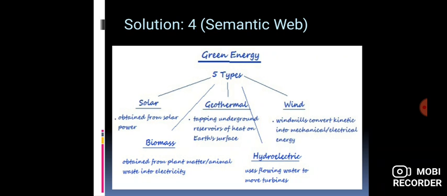Like under solar it is written, obtained from solar power. So this is the second wave strand that connects to solar, which is the primary wave strand of the energy source. Biomass is obtained from plant matter or animal waste into electricity.